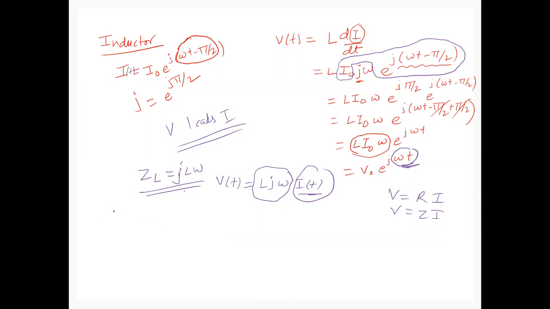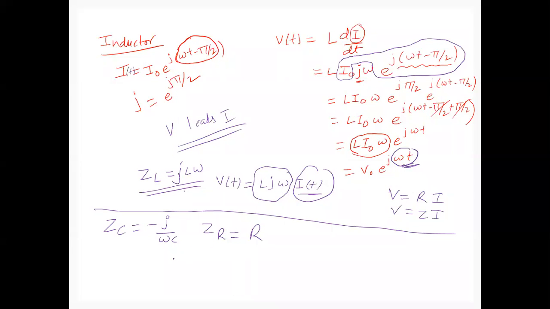So now let's do the conclusion. Let's make the conclusion here. What is your ZC from previous slide? If you remember, what is your ZC? ZC is negative j over omega C. This is your ZL. What is your ZR? ZR is simply R, by the way, okay? There is nothing there.